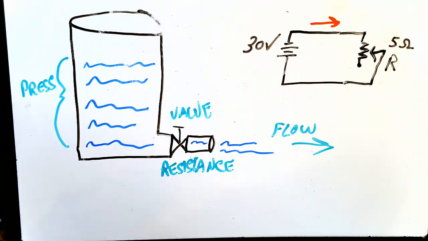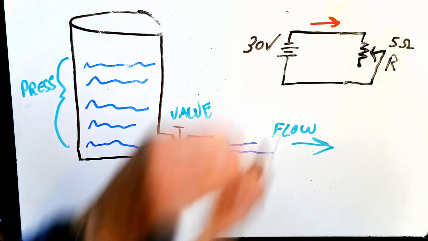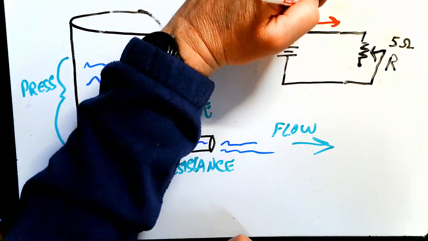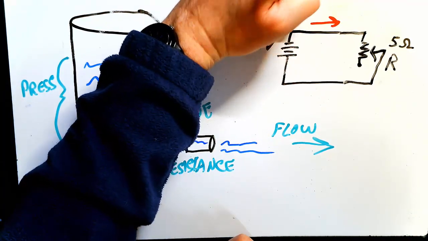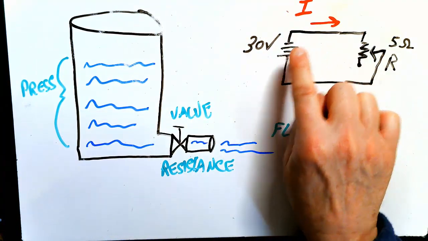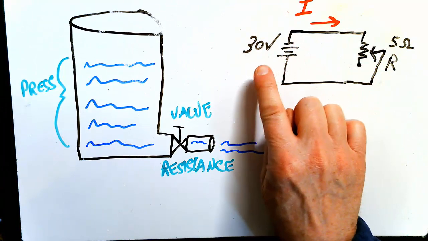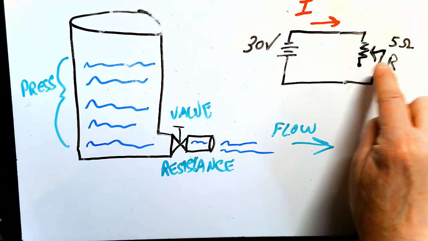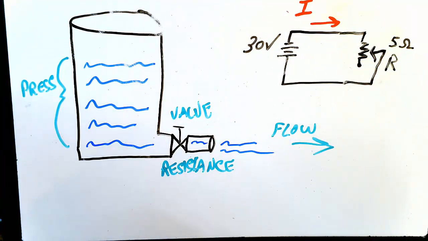That's the same as pressure because that's the pressure that's going to push the electrons. And I is the symbol for current, intensity of current, right? And that current is dependent on the pressure as well as the resistance to the flow of the electrons, the resistance to the flow of current, right?